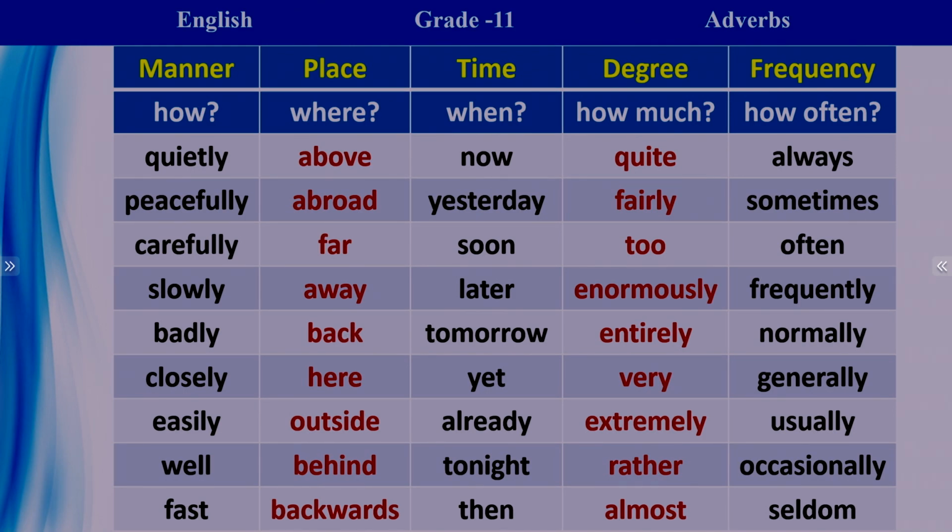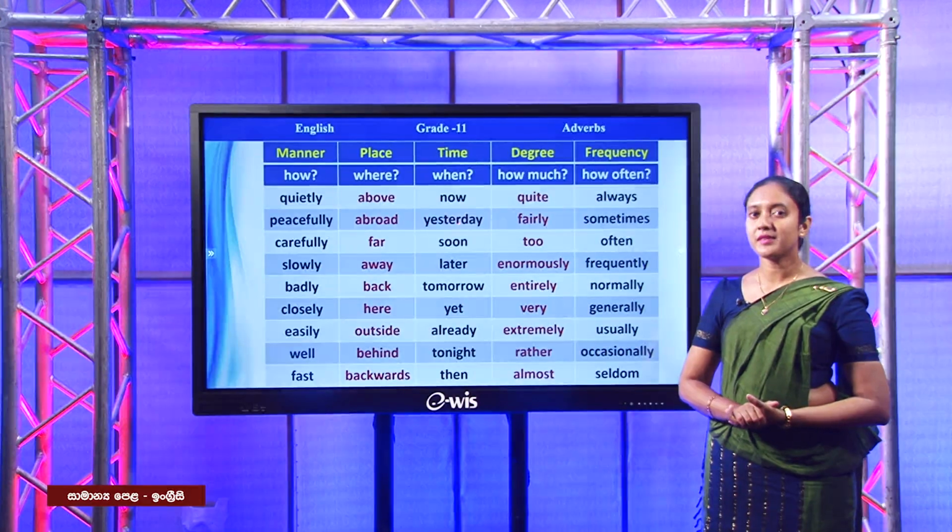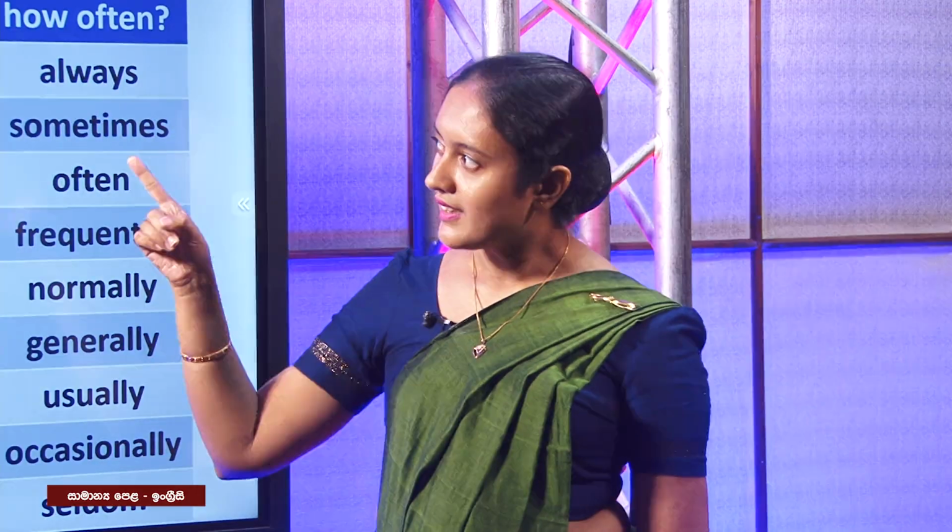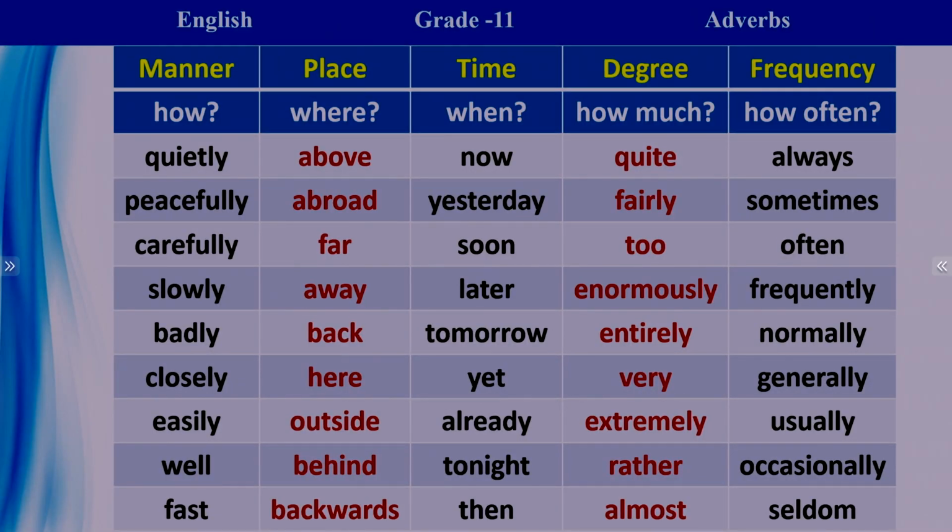What are they? They are adverbs of manner. You can remember that. Adverbs of manner tell you how something happens. Let's read the examples. Quietly, peacefully, carefully, slowly, badly, closely, easily, well, fast.